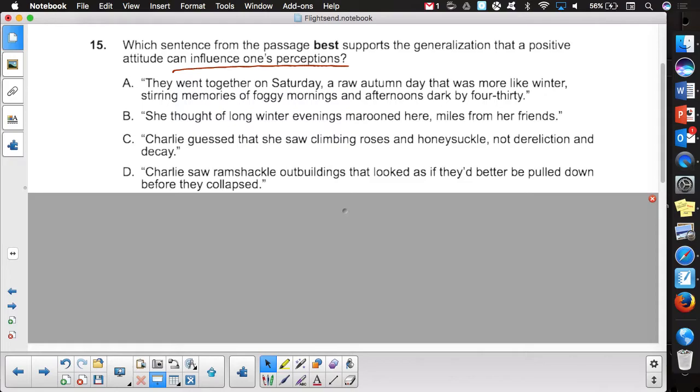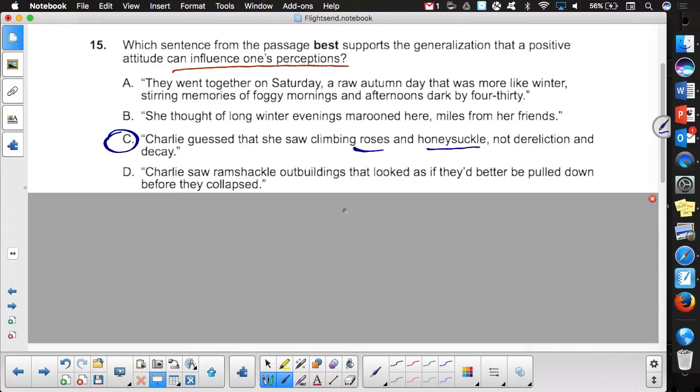Zach, is that a hand up? Yes. Okay. Can I say the answer? If it's the correct one. And it sure is. It's C. Why? Because she says, well, this is a good thing, not a bad thing. Roses, honeysuckle, better than like the lichens and weeds and things like that type of imagery we had before.